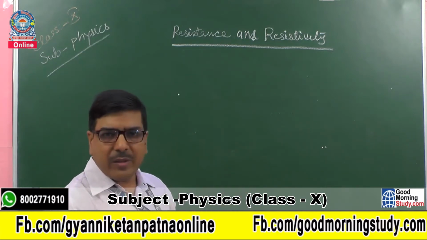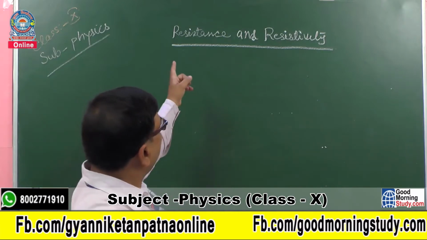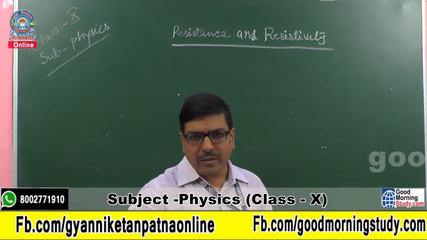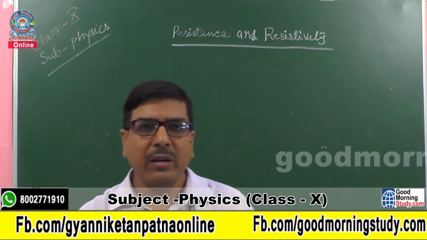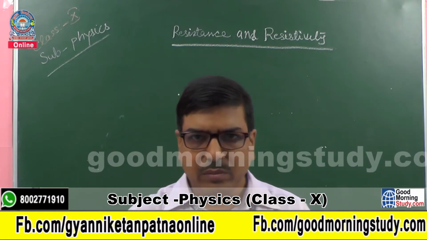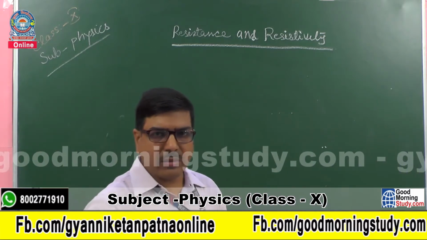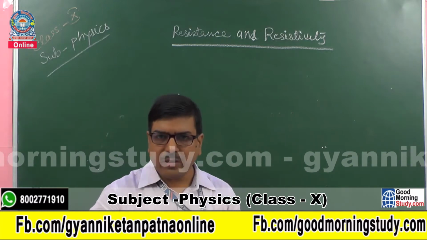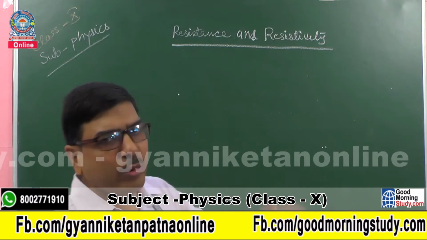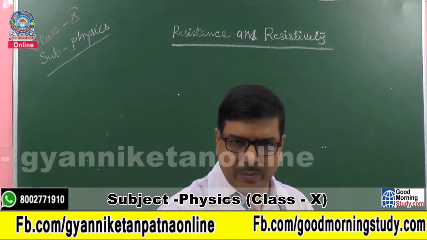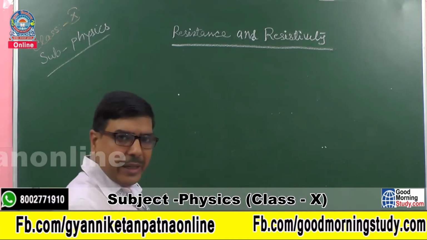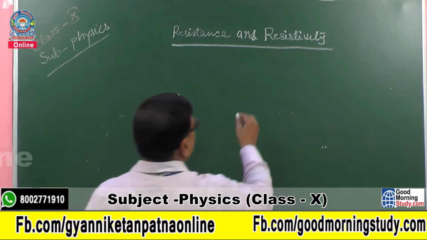So both resistance and resistivity are fundamental properties of a conductor, of matter, and both oppose the flow of current passing through the conductor. Okay? So we need to know about the resistance.